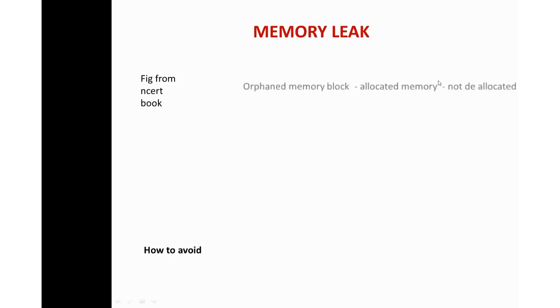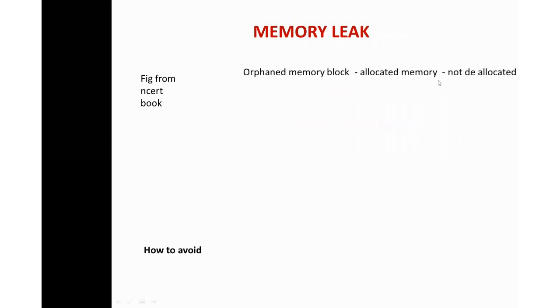Now, memory leak. As I told you, with the help of your new operator you are allocating some amount of memory. If during every execution a little amount of memory is getting used up, then further your entire memory block is totally used up, and after that you are not able to use the memory for any further work.